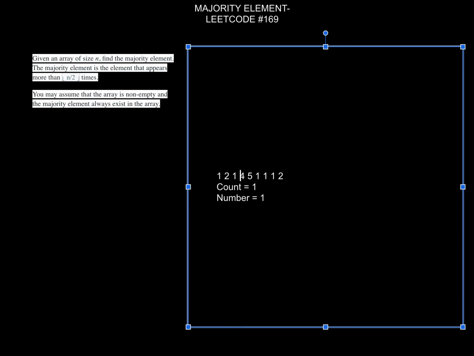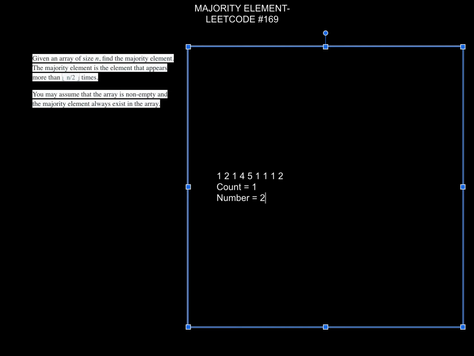When we see a 2 while going through our list, we reduce count, because now 1 doesn't exist as our majority element, and count becomes 0, so we set the number to 2 and increase count back to 1 because we now have a new one.